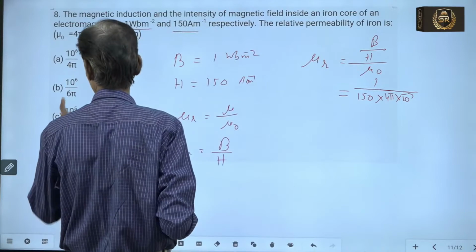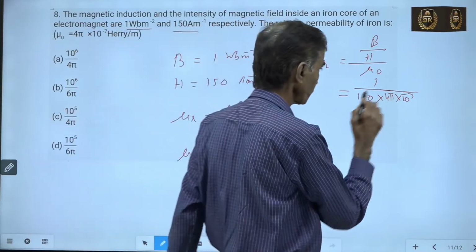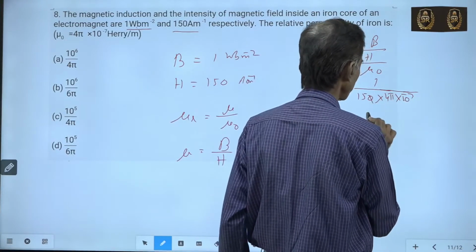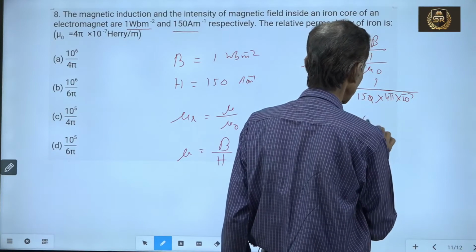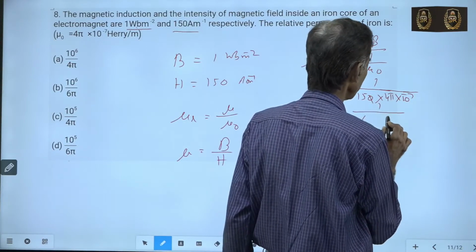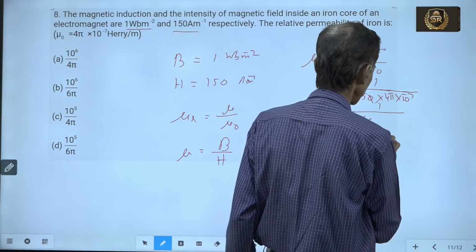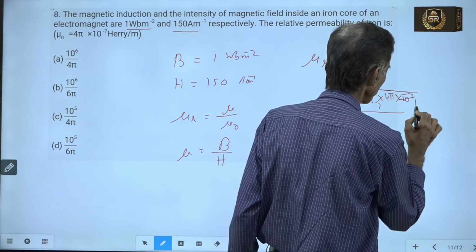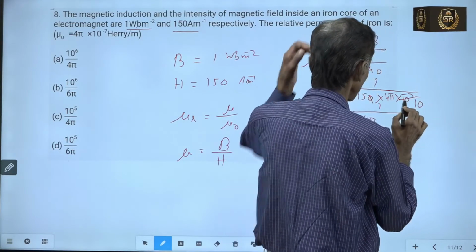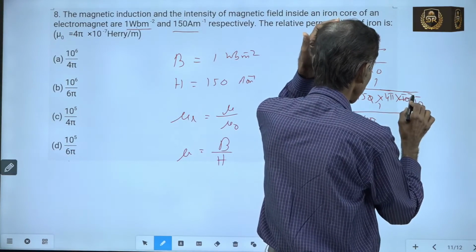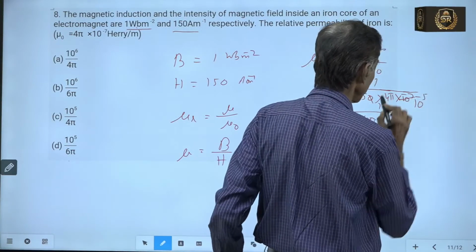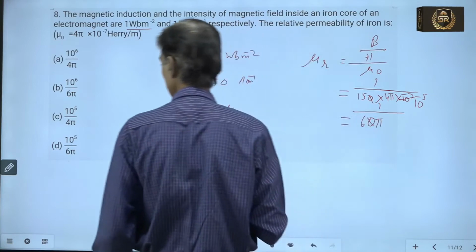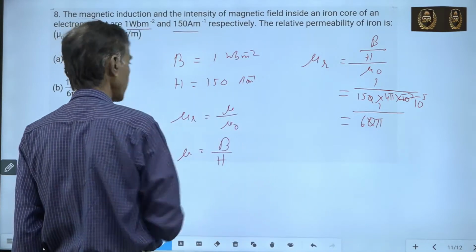See, in the answer pi is in the denominator, so you can keep that value. Cancelling one zero from 10 and one from 150, 60 will be there. So we can write 10 power 5 by 6 pi. So the answer is correct.